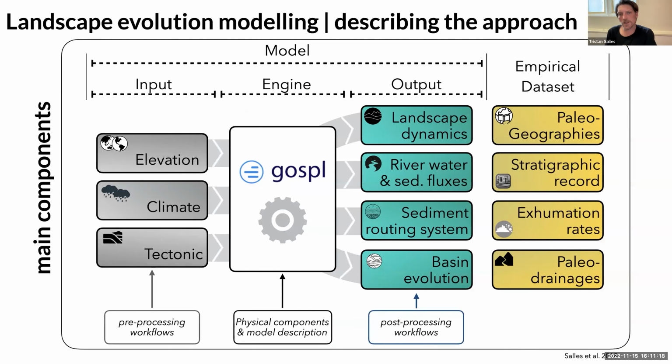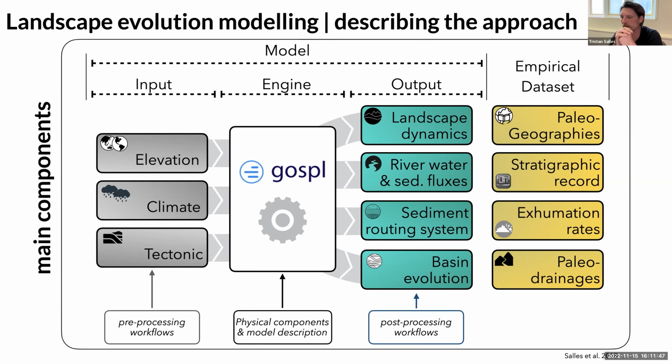And the idea of this tool is basically you've got the equations that I've just described, really briefly in the previous slide, which are part of the Gospl engine. And then after, to run the models, you need a set of inputs and you will get some outputs. So in this specific case, what we are going to do is test the paleo-elevation reconstruction.